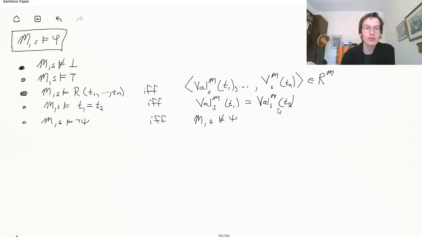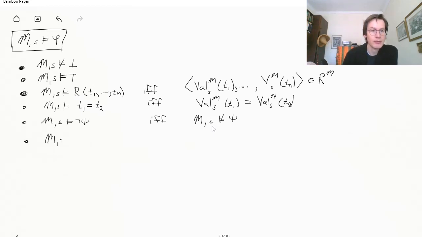So the negation of a formula is true in a structure relative to an assignment if and only if the negated formula is false, or not true, in the structure relative to that assignment. All right, next up is conjunction.